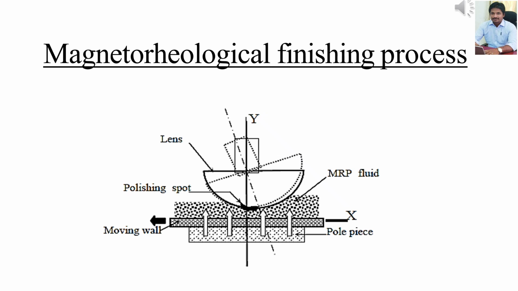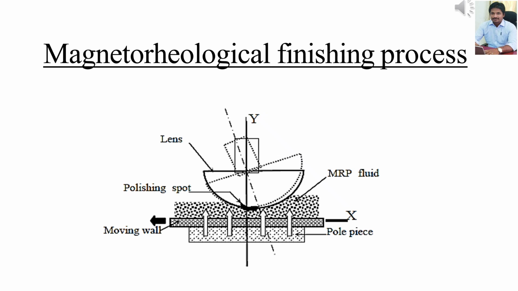Here, a simple mechanism of polishing through the MR fluid has been shown. The MR finishing process uses a controlled MR fluid ribbon or polishing spot between the tool and the workpiece. At the point of contact between the tool and the fluid, the surface gets eroded and the polishing effect is observed over the sample.